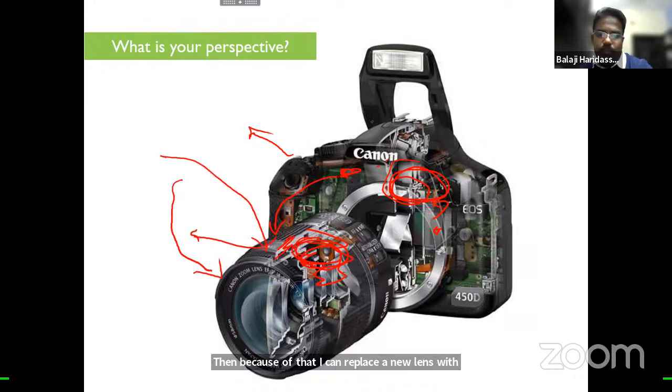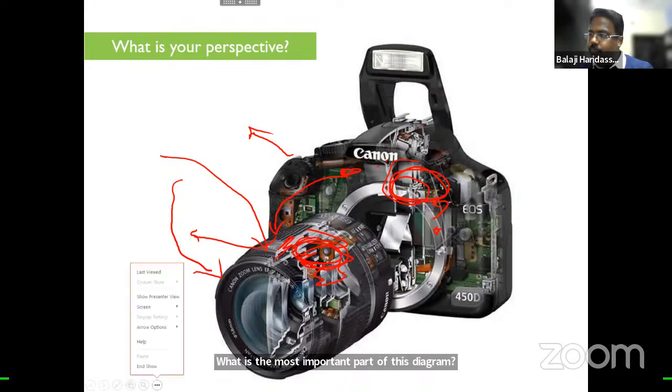Because of what? Can someone tell me what is the most important part of this diagram? The lens. Yeah, lens. But among that, there is one more that is most important.